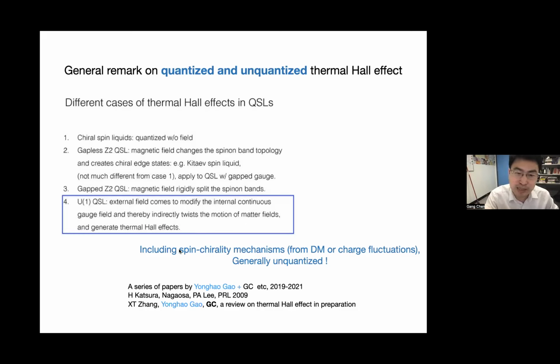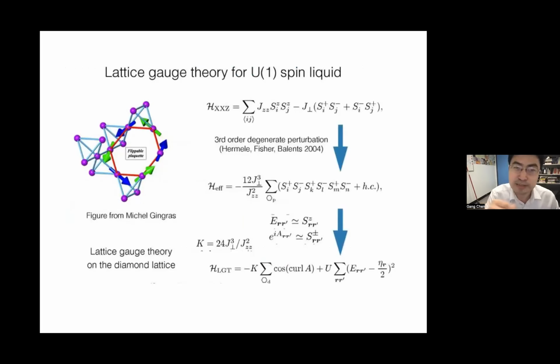So this includes the spin chirality mechanism, for example, from the DM interaction, or the charge fluctuation in a weak Mott regime. That was quoted by Max yesterday. And this thermal Hall effect in the fourth case is generically unquantized. It's not going to be quantized at all, but still very interesting.